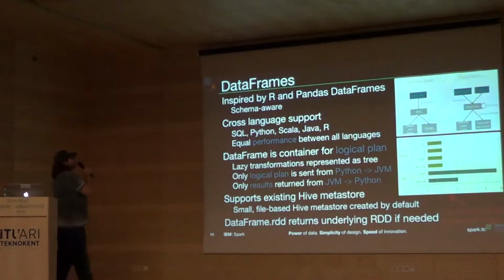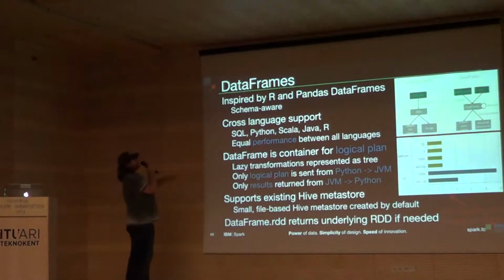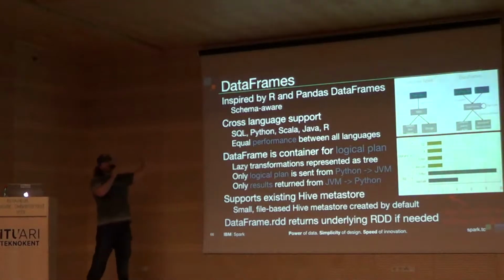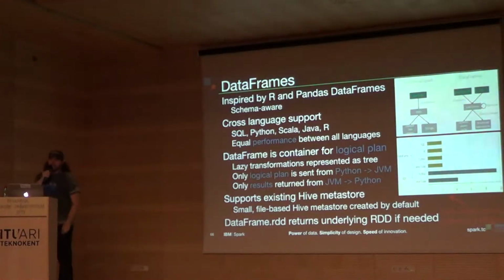So data frames, based on, if you guys know Pandas data frames, this comes from Python. To give you a little bit of Spark historical context, Spark was created in an academic lab called the AMP Lab out of UC Berkeley.